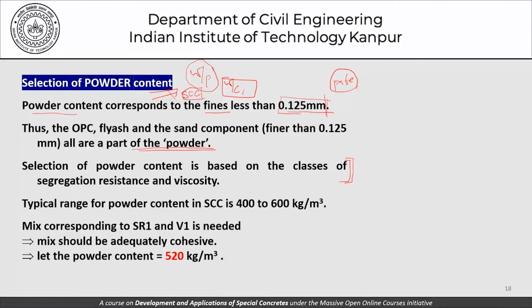And since in this case it is given to us to be SR1 and V1, the mix should be adequately cohesive, we take the powder content to be 520 kgs per cubic meter, which is almost the middle of this typical range of 400 to 600 kgs a cubic meter. So we fix the powder content to be 520, and try to find out, now how do we achieve this 520?